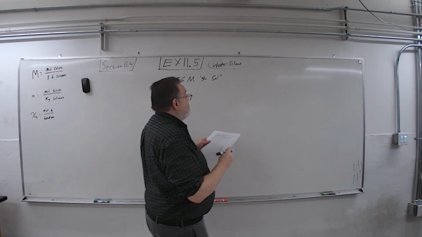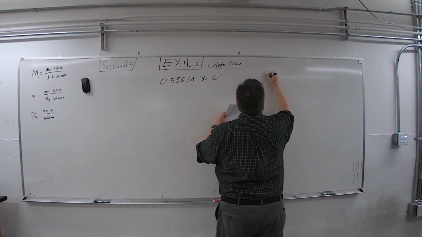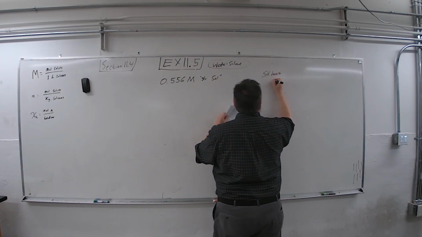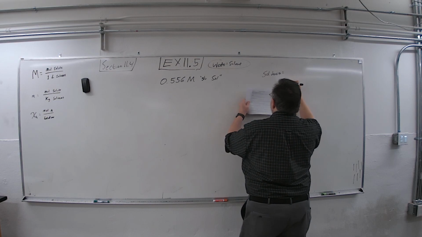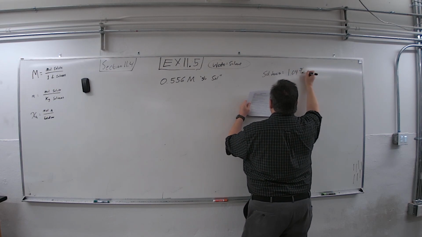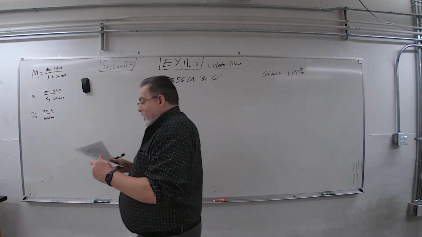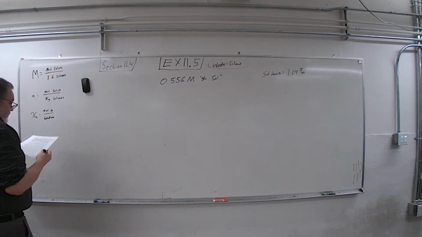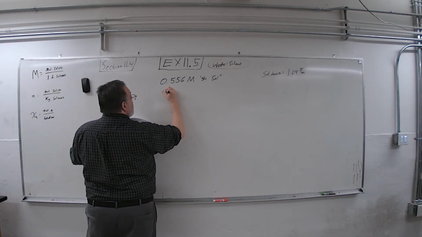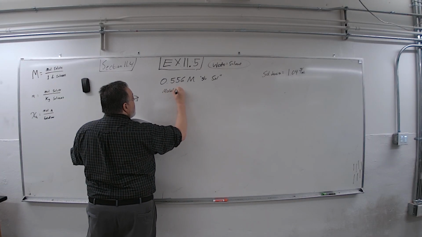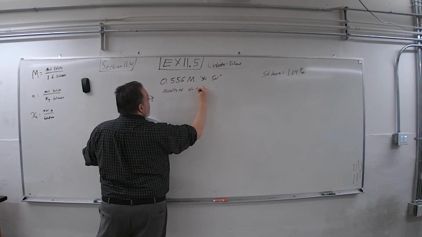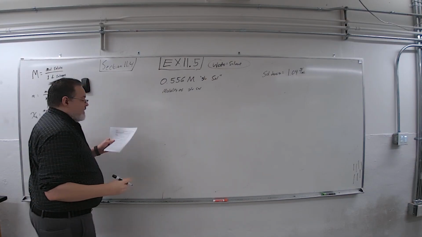It also tells us the solution density, the solution, that's the solvent and the solute together, is 1.04. So that's the information given. It wants to know the molality. What is the molality of the glucose solution?